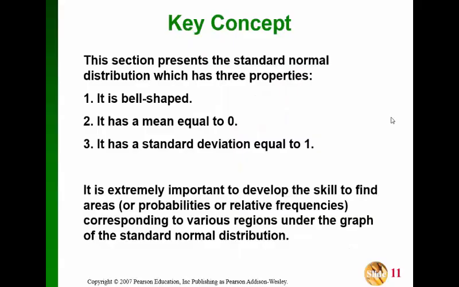In the general normal distribution, it'll be a little bit different. It has these three properties: it's bell-shaped, the mean is 0, and the standard deviation is equal to 1.